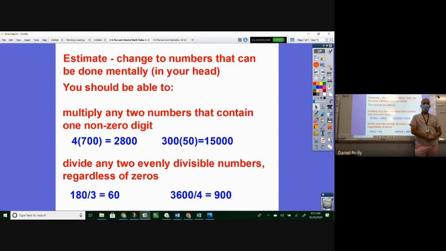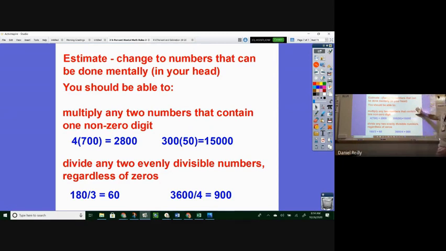It helps you know that things make sense, that things are reasonable. When you don't have a calculator and someone says, oh, this is what it's going to be, you can quickly in your head change that to numbers that you can do in your head and say that makes sense or that doesn't make sense, or knowing basically how much money normally you're talking about. Easy numbers to use that you can do in your head. That's what you do to estimate.